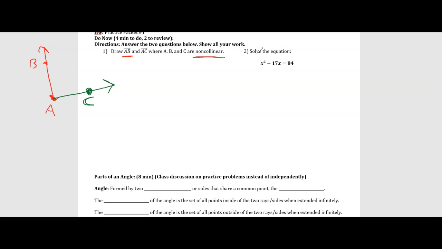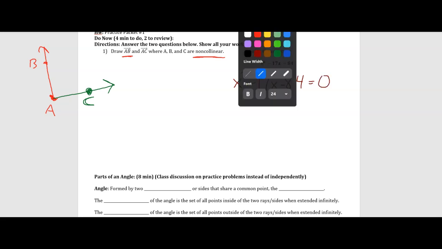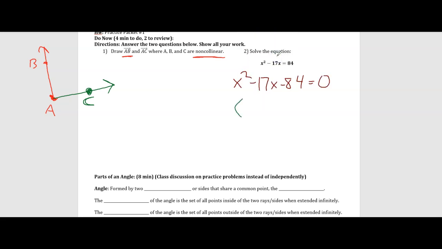So I'm going to get all the terms on one side, set the equation equal to 0. So I'm going to subtract 84 from both sides. And now I'm going to make my factor sum chart. Remember, I'm going to end up factoring the trinomial into something that looks like this, but I need to figure out what goes inside the factors.